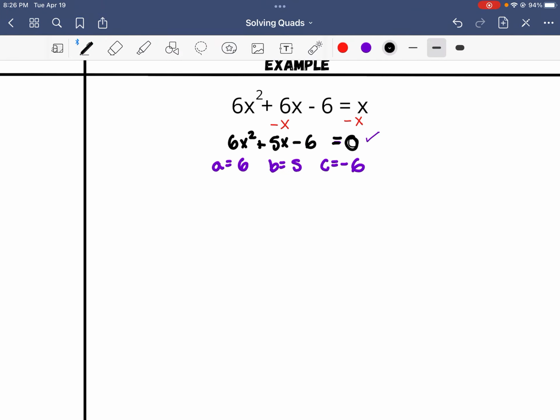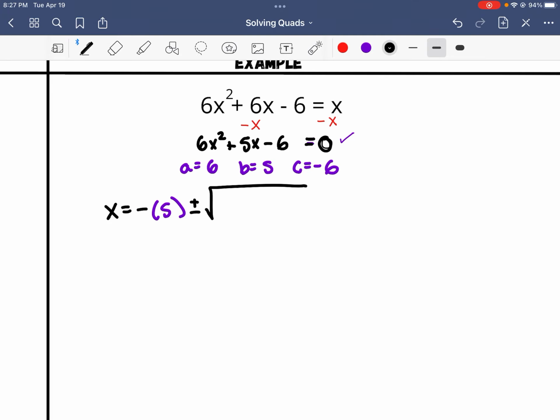So if I do my quadratic equation, x equals -b, so -5 plus or minus the square root of b squared, so 5 squared, minus 4 times a times c, all over 2 times a.